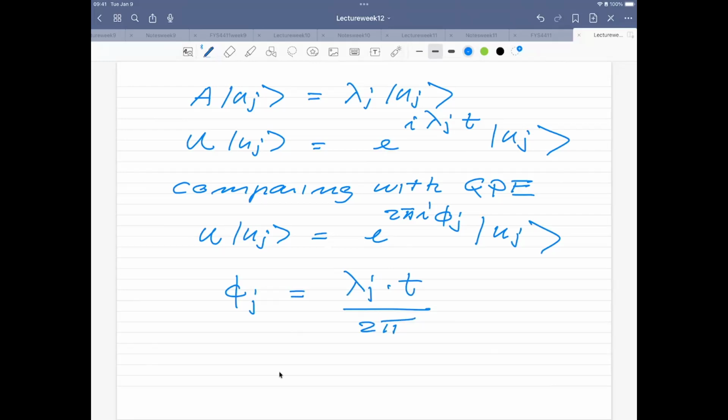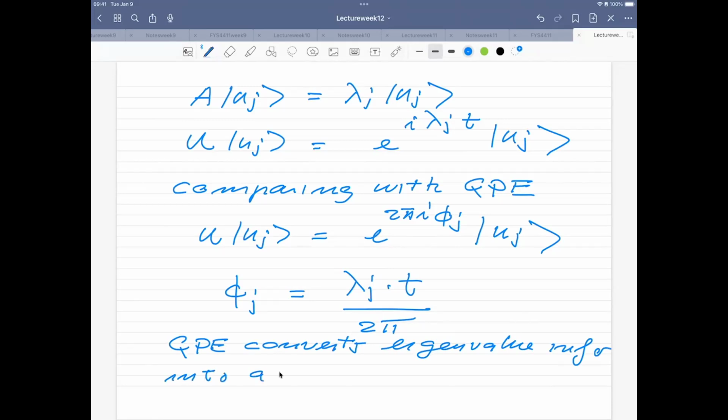So the QPE converts the eigenvalue information into a register that can later control operations. So let's just write this down. So the QPE converts the eigenvalue info into a register, and that is what we call the phase register.